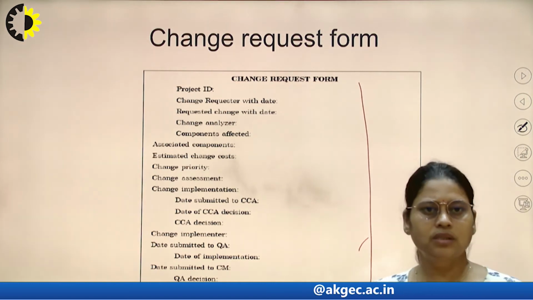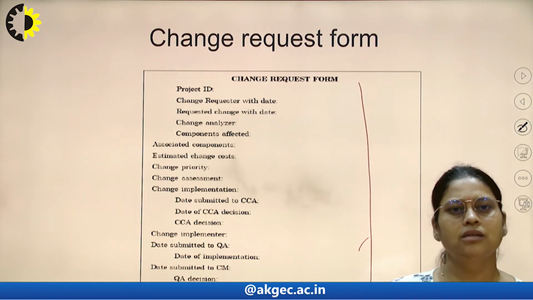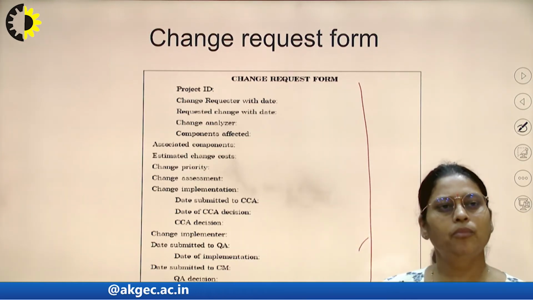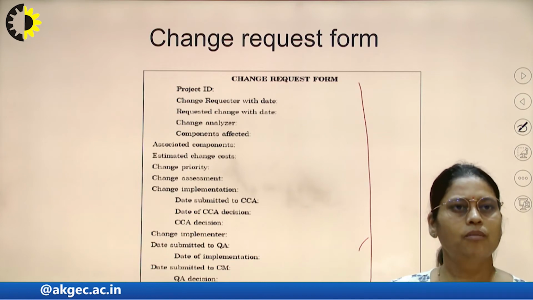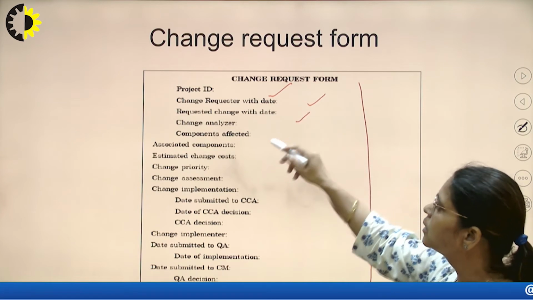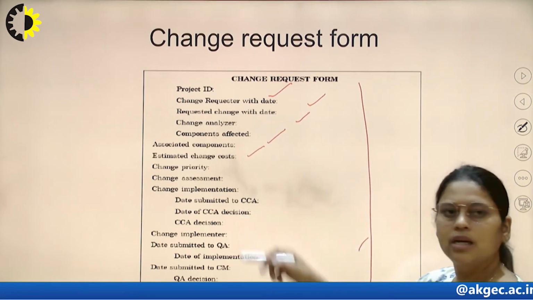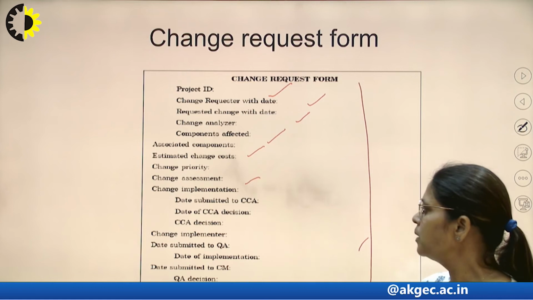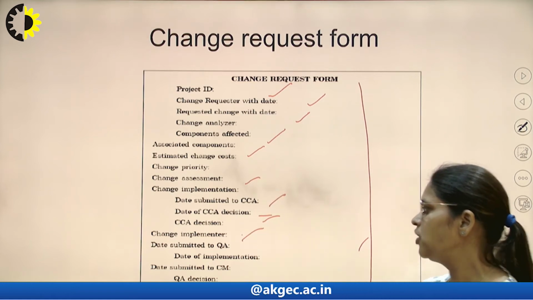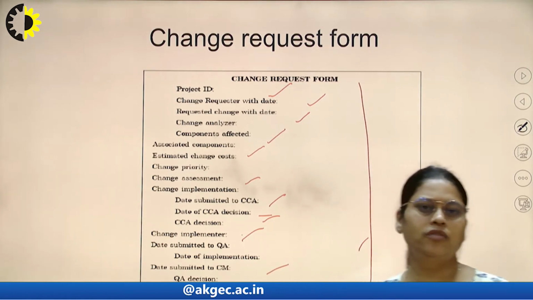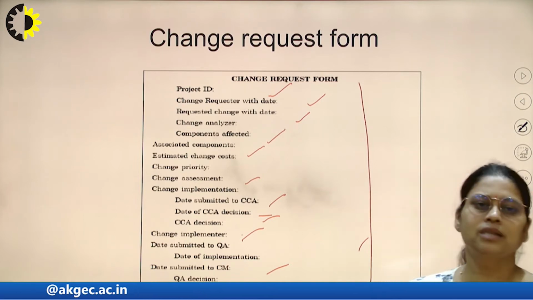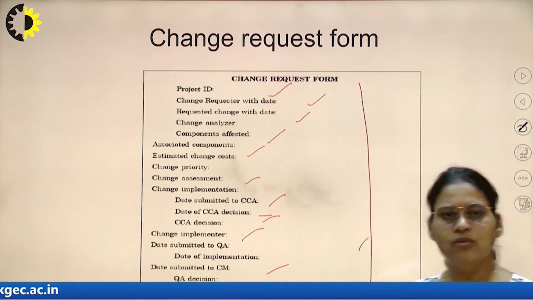When we want some changes in the project, the software developer or maintenance team fills in this form. In this form, there is a project ID, change request with date, component affected, some associated components, change assessment, date submitted to CCA, date of change decision, change implementer, and date of implementation. So there is a person responsible for filling in this change request form.